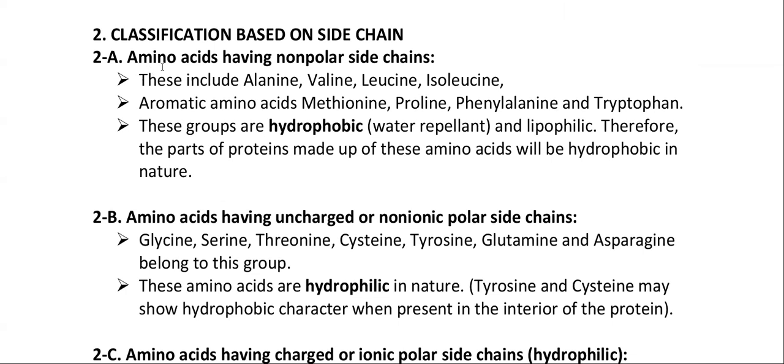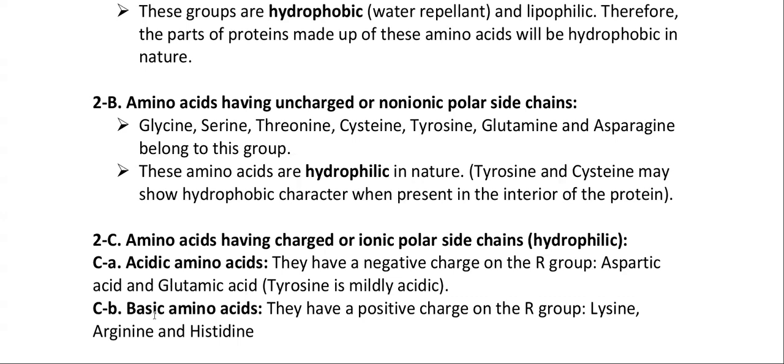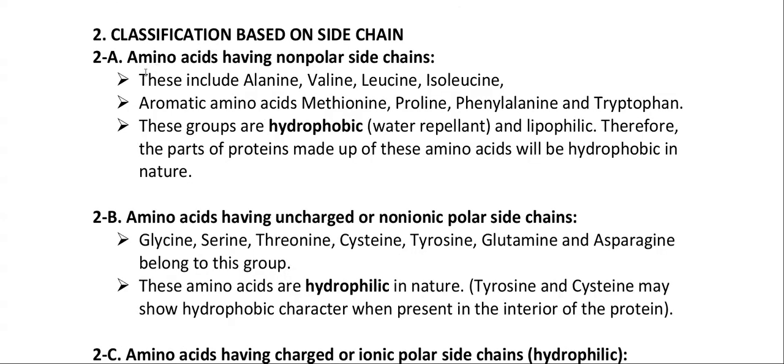Amino acids having non-polar side chains, amino acids having uncharged or non-ionic polar side chains, and amino acids having charged or ionic polar side chains, hydrophilic. First, amino acids having non-polar side chains.